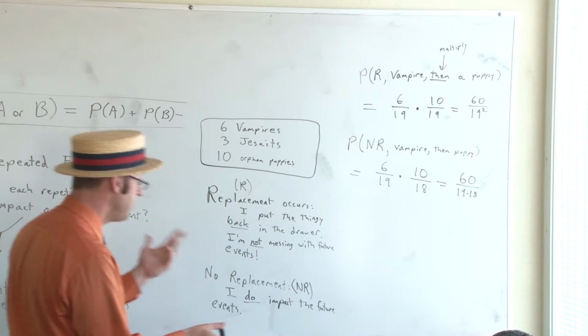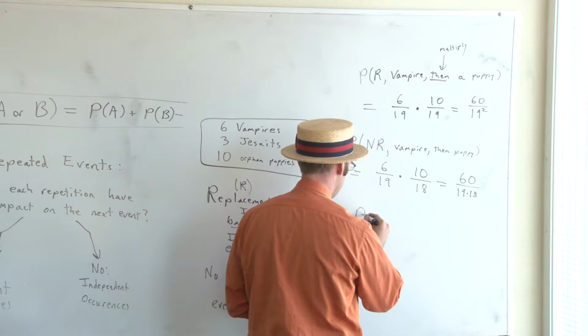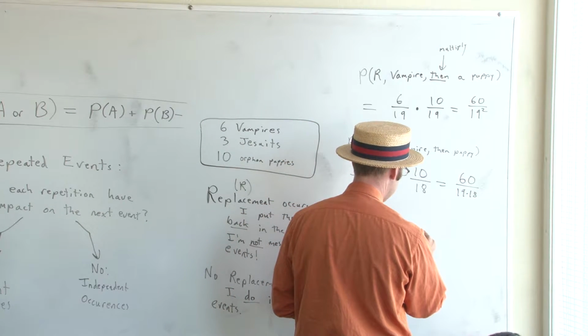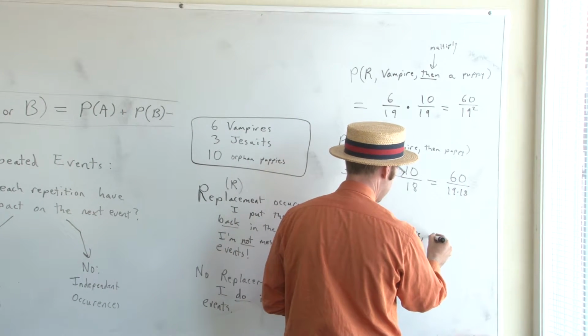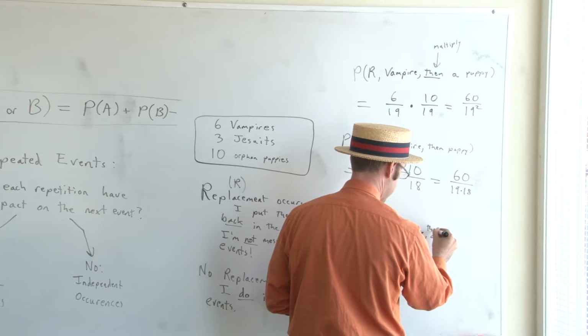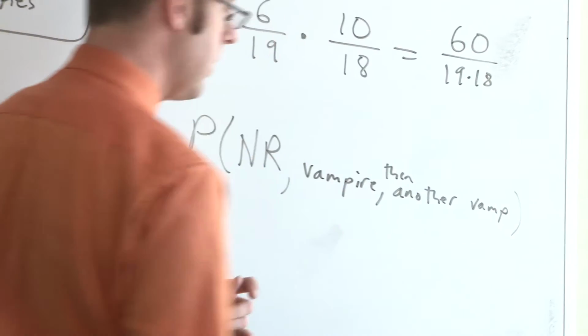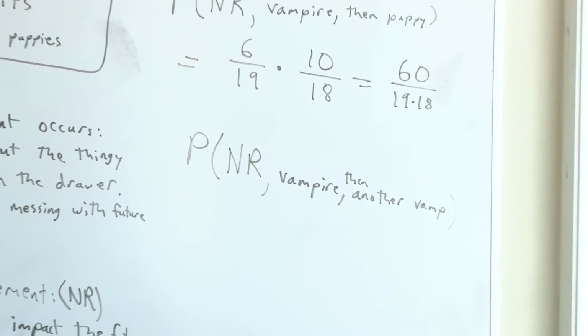That's how that works. But let's say, what's the probability if I do no replacement of me getting vampire, then another vampire? What would that look like?